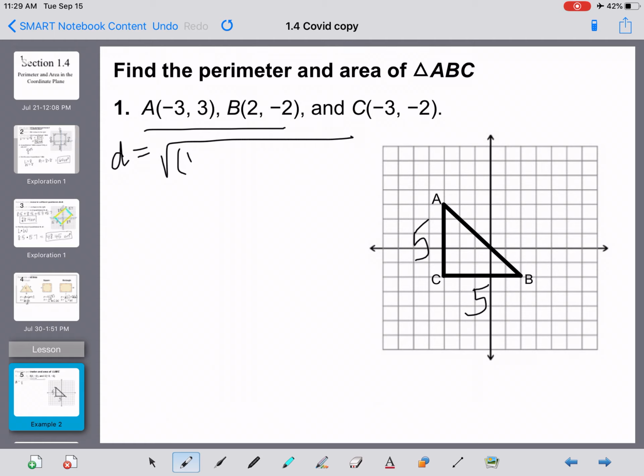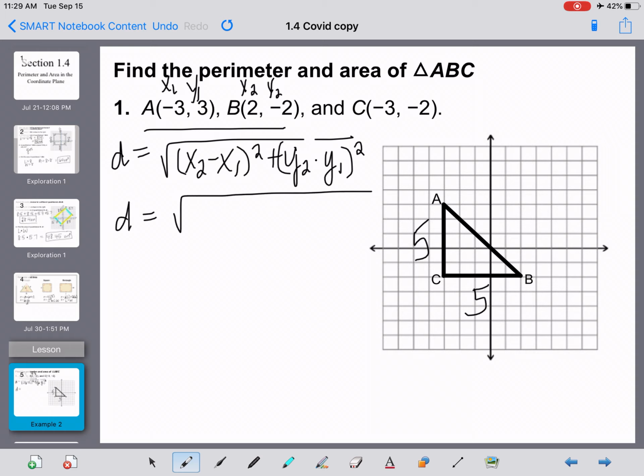So x2 minus x1 squared plus y2 minus y1 squared. So let's make this x1, y1, and x2, y2. And again, I'm doing this so I can find the length of this third side, AB, so I can add them all together to get the perimeter. So x2, 2 minus negative 3. Y2 is negative 2.